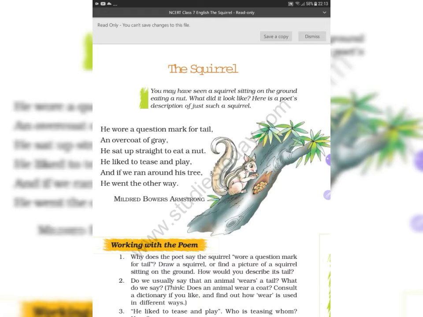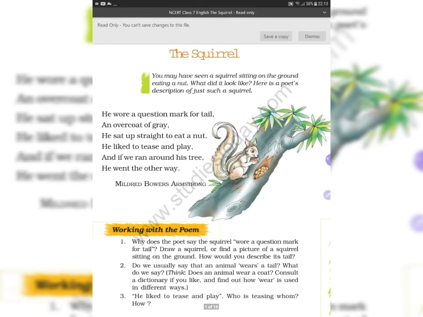It had a beautiful furry body, and the fur is basically gray in color. That is what the poet has called the fur, a gray overcoat. That means it covers the whole body. The whole body is colored gray. That's why the poet is calling it an overcoat of gray.